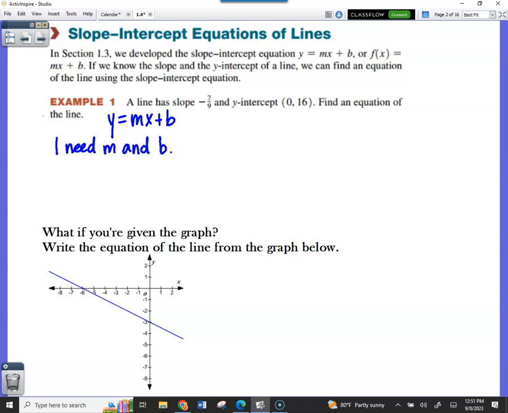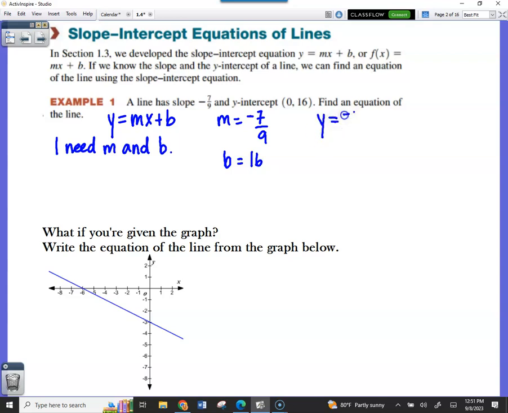I need to find the y-intercept. Well, the beauty of this problem is they give me the slope is -7/9, and then they tell me that the y-intercept is of the form 0.16. So they're telling you that b is what number? 16. So we can go straight to our equation here.